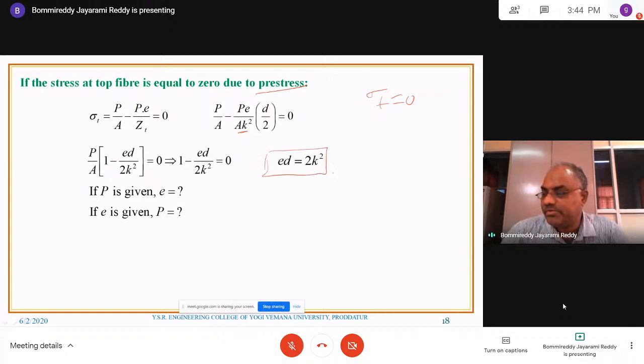Don't remember this also. Not required. It is obtained from the original equation that everybody knows. But sometimes in the examination, a question may say K is the radius of gyration, D is the depth of the beam, E is the eccentricity, these three are related as. That may be a theoretical question; very rarely, occasionally, such things may come into the examination.